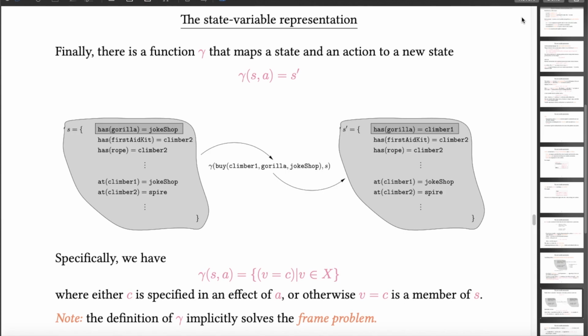So formally, we can think in terms of this function gamma that takes a state and an action and gives us the next state. And the new state just modifies the state variables that correspond to effects of our action and leaves everything else unchanged.